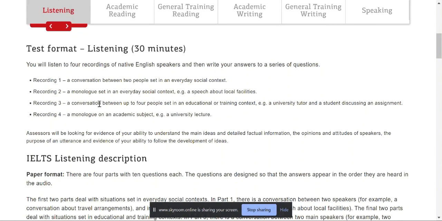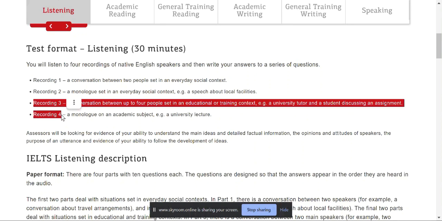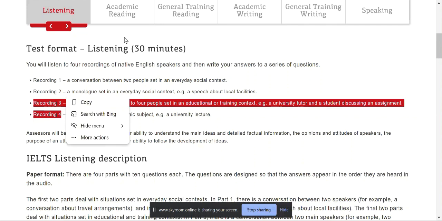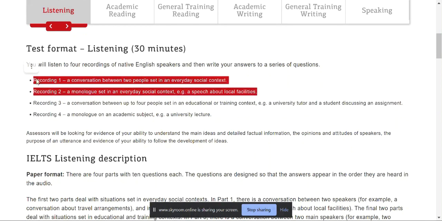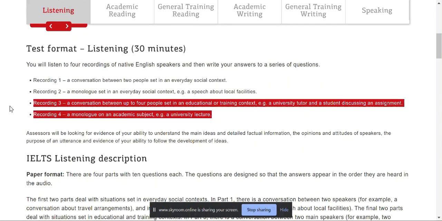Recording three is a conversation between up to four people set in an educational or training context. From recording three and recording four, you are going to be in an academic mode. Listening for general and academic is the same. These first two are for the general one, and the second two are for the academic ones.